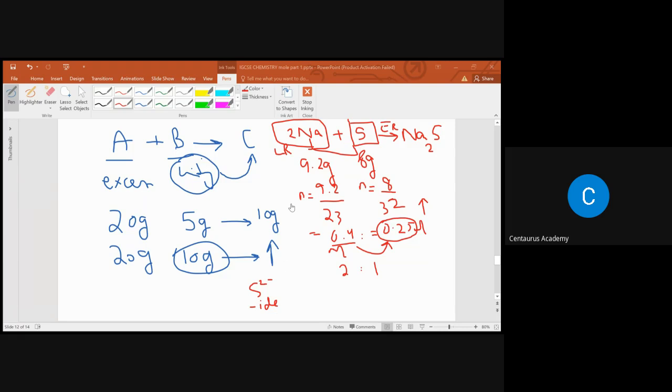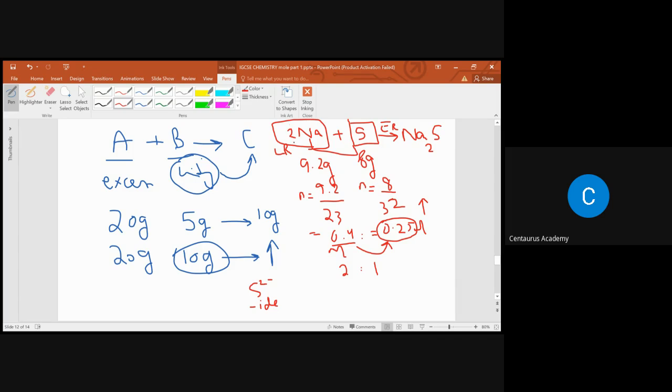If you look here, whenever a question comes up where they ask you which one is the limiting reagent and which one is the excess reagent, the first step is to use the amount of mass. If the mass is given, just use it to find out their respective number of moles. When you get the number of moles of both of them, then you take out the molar ratio from the chemically balanced stoichiometric equation.